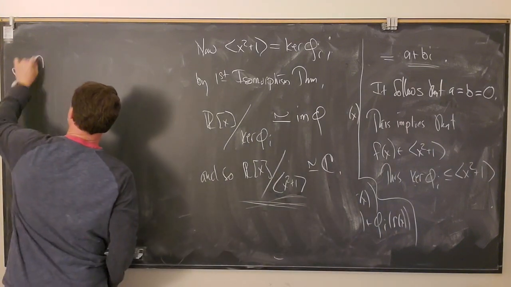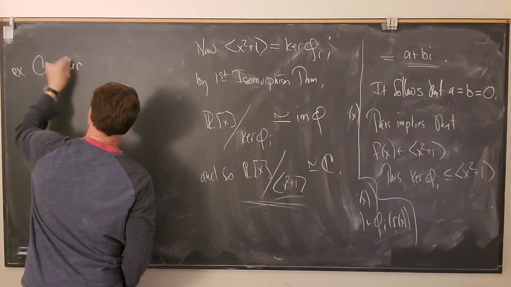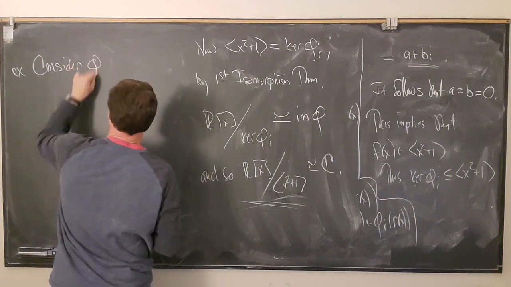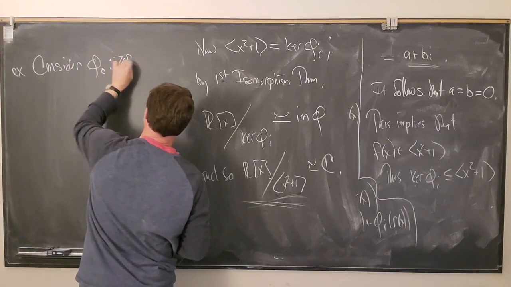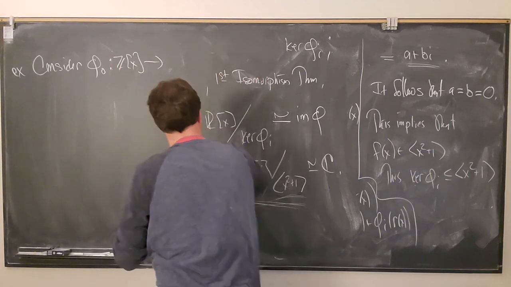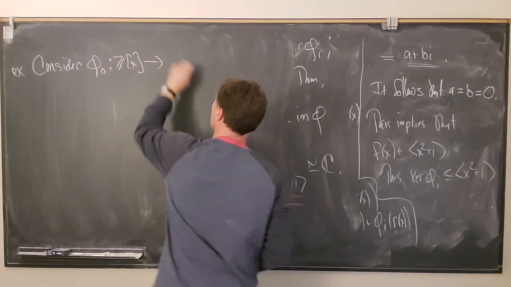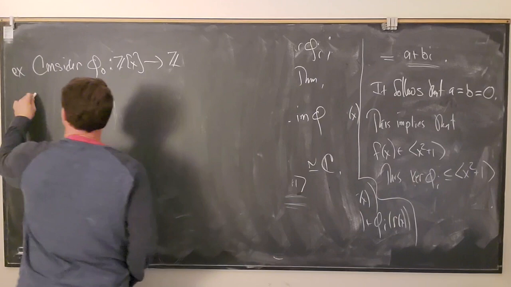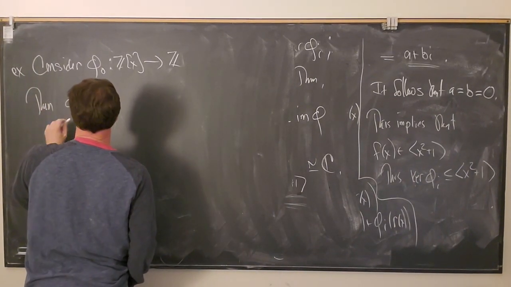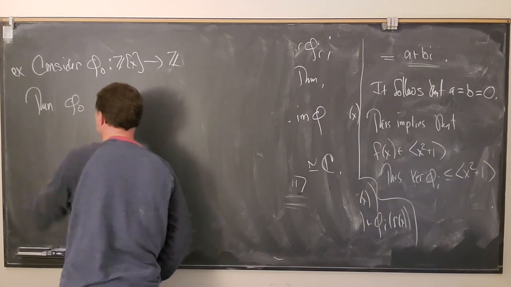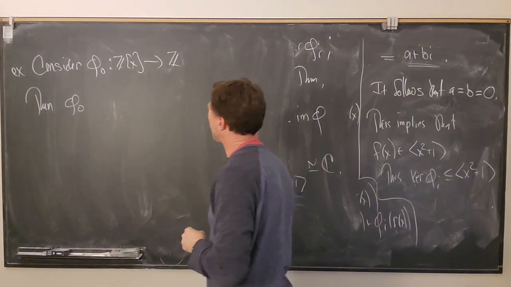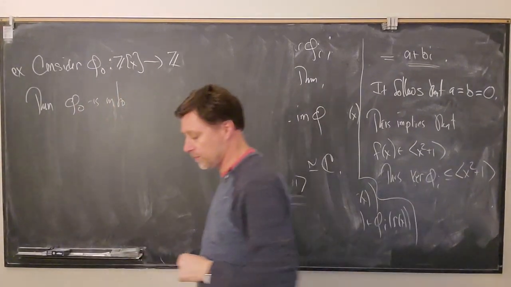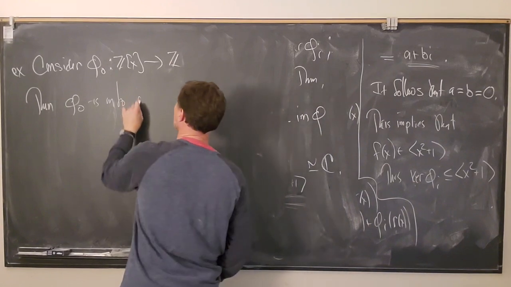So let's consider evaluation. So it'll be phi sub 0, going from Z bracket x to Z. It should be clear that phi sub 0 is onto. But check this if it's not completely obvious. And let's see, who's the kernel?